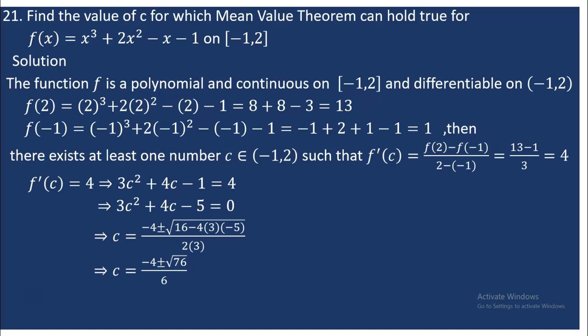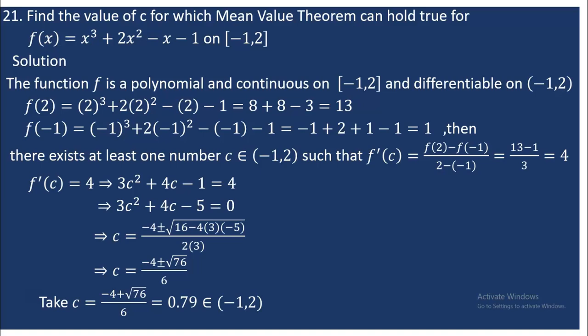If you want, you can use a calculator to determine the real value. Otherwise, just by the analysis I did before, you can directly take the plus, okay? The plus, because the positive result belongs to that particular interval. So take c to be -4 plus radical 76 over 6.